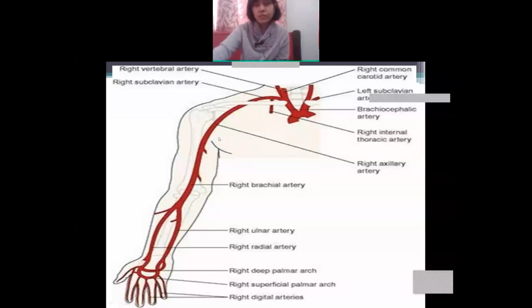When they continue, they form the axillary artery. So this is the axillary artery, and if they move forward and forward in this way, what will you find? You will find the brachial artery.